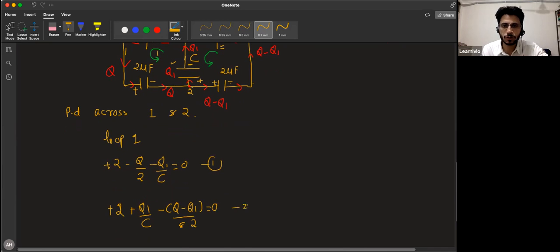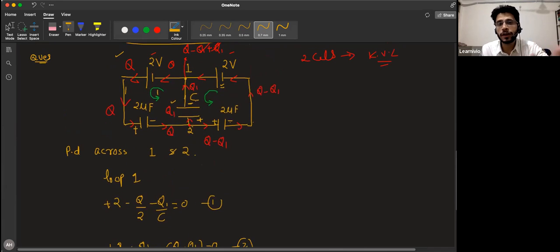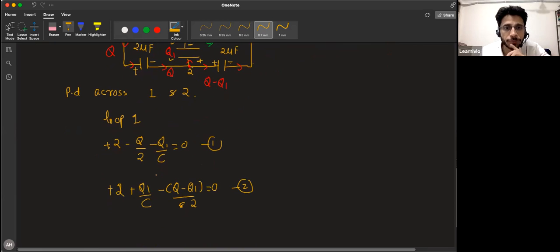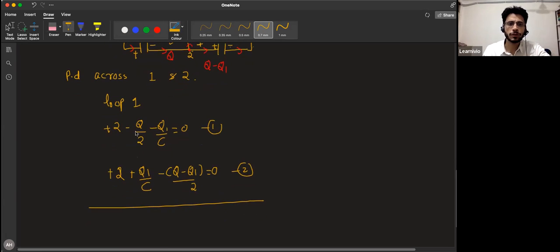That's the second equation. Now, to get the value of voltage across 1 and 2, I need Q1 as well as C. So let's see how we can calculate Q1 from here. If I add these two equations, I can calculate Q1. When we add these equations, this and this will cancel.